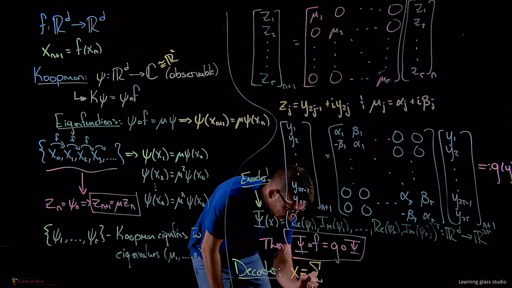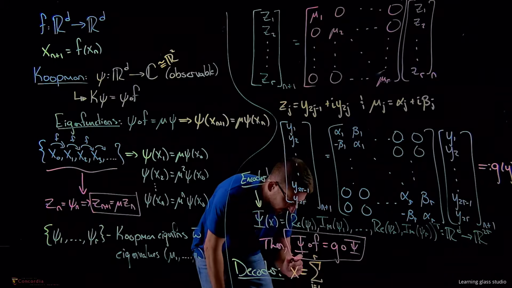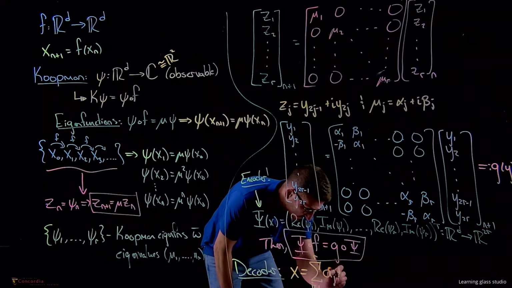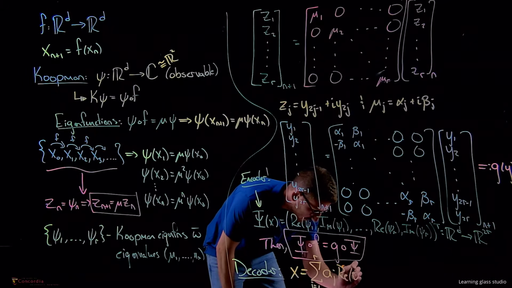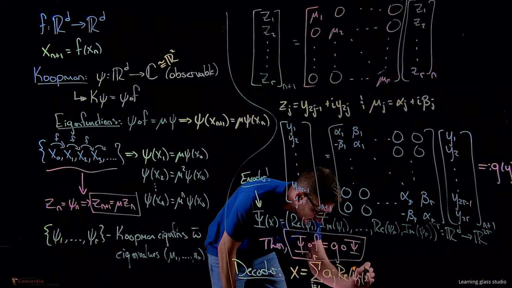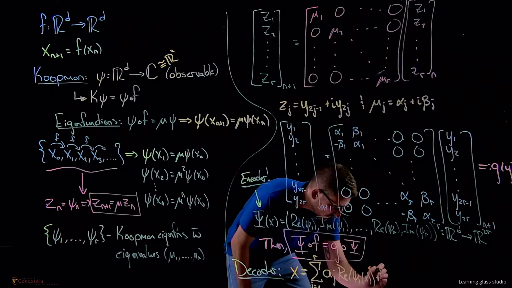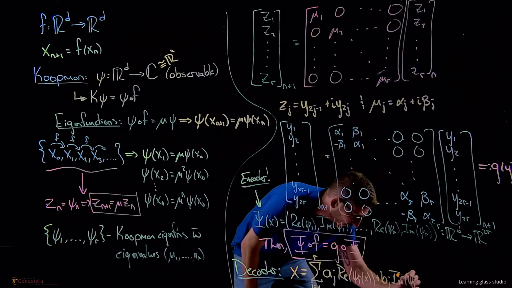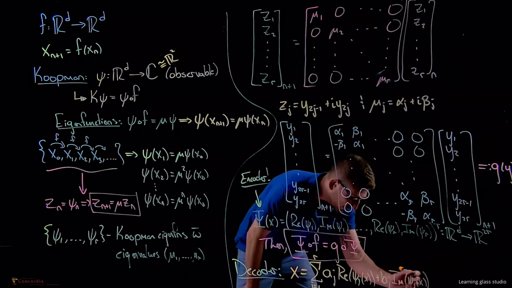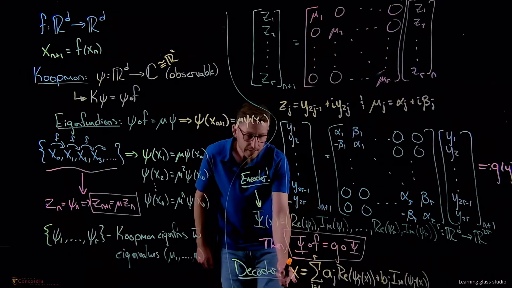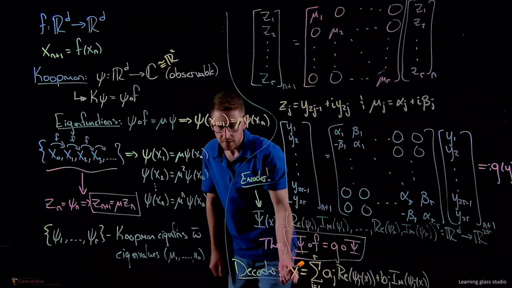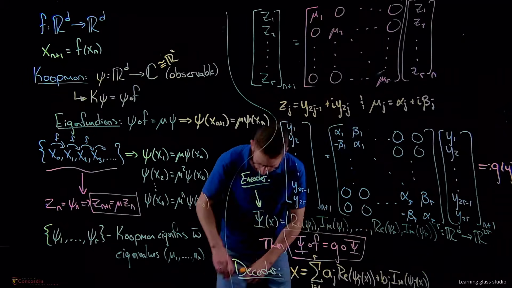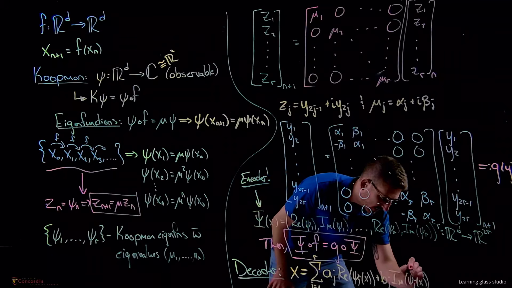I'm going to go from j equal to 1 to capital R, and I'm going to look for a number a_j, so that the real part of psi_j of x plus a number b_j times the imaginary part of psi_j of x, when I put all of these things together, the state observable is going to be in their span.